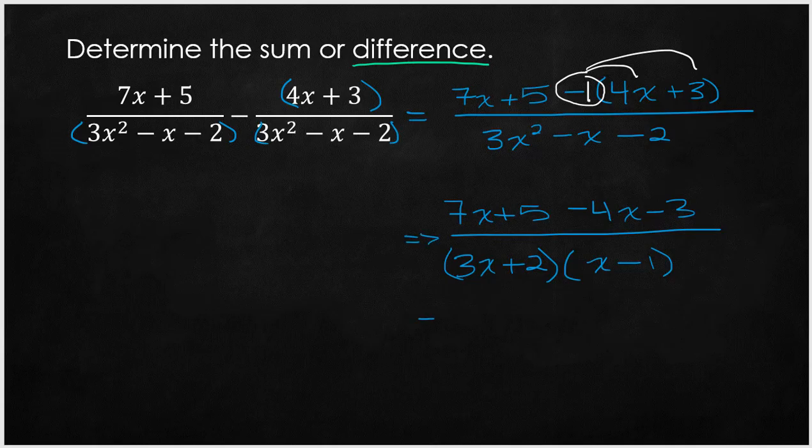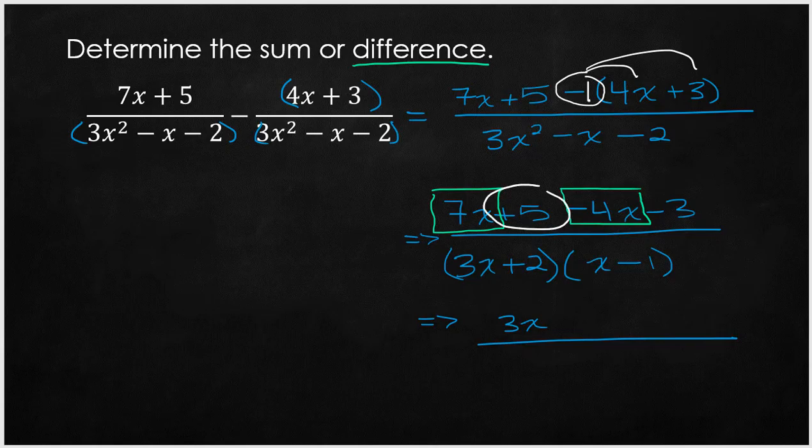All right, now in the numerator, I'm going to combine like terms. So we have 7x minus 4x, and you take the sign in front of the number. Don't forget that. So 7 minus 4x is 3x.